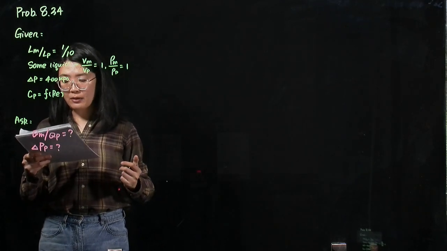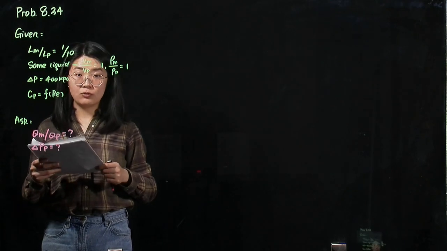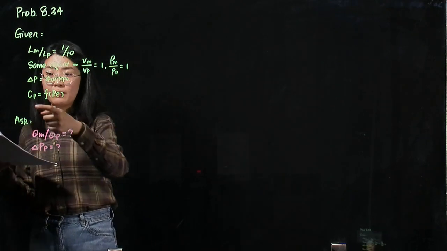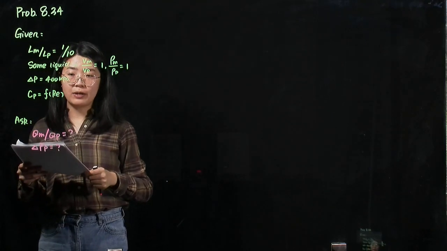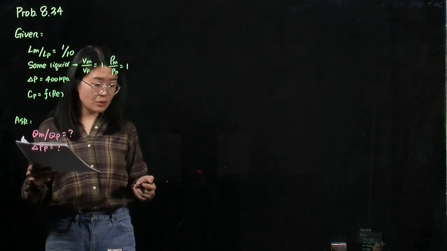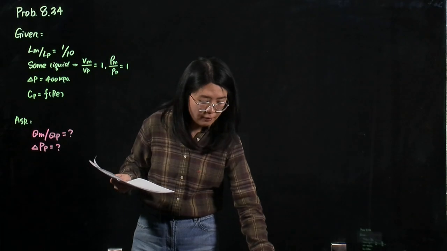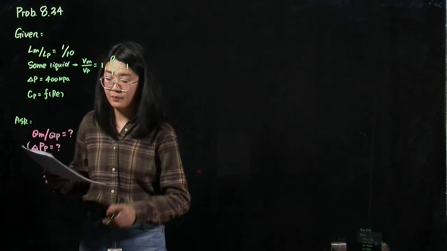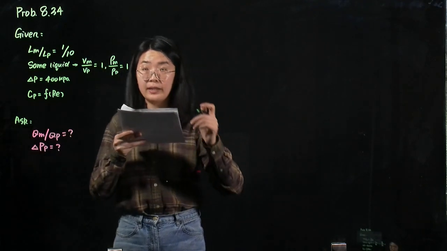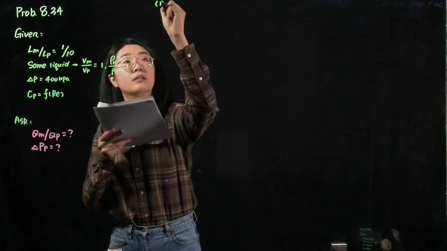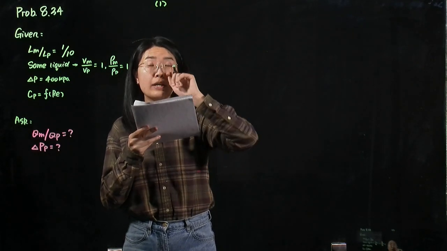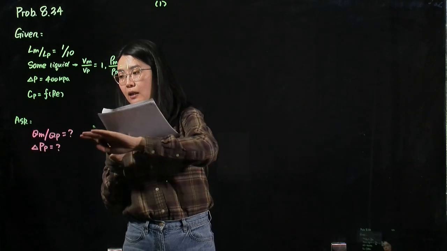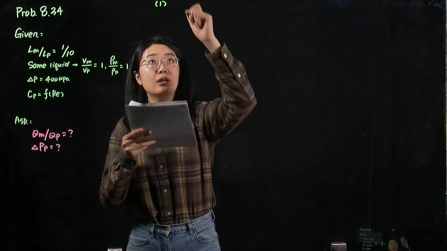So the Reynolds number is the only significant group, and the pressure coefficient should equal a function of the Reynolds number. To solve this problem, first we need to equate the Reynolds numbers to find the velocity ratio and then find the discharge ratio.